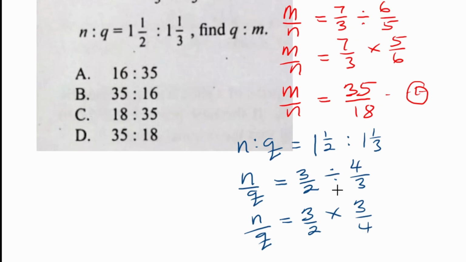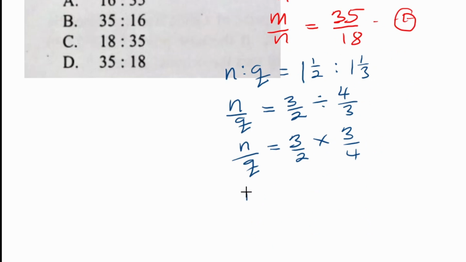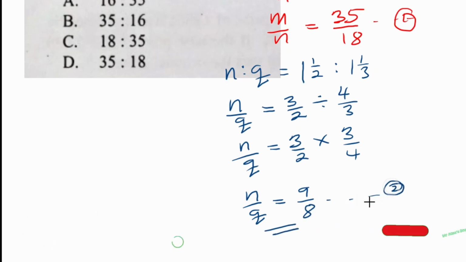Again, notice the switch of sign which has made me reciprocate this, and then n over q will be equal to 9 over 8. Again, let me just call this equation 2 to show that I'm coming back to it.